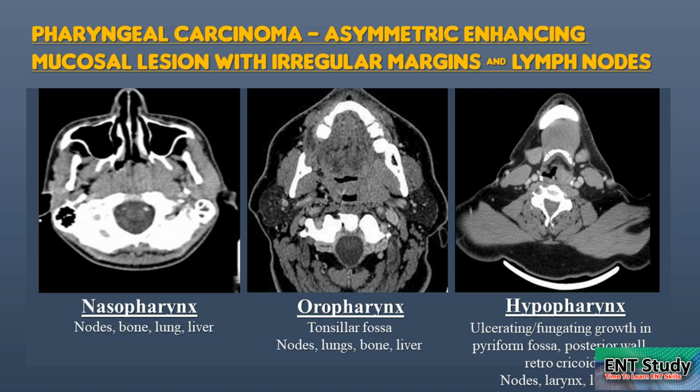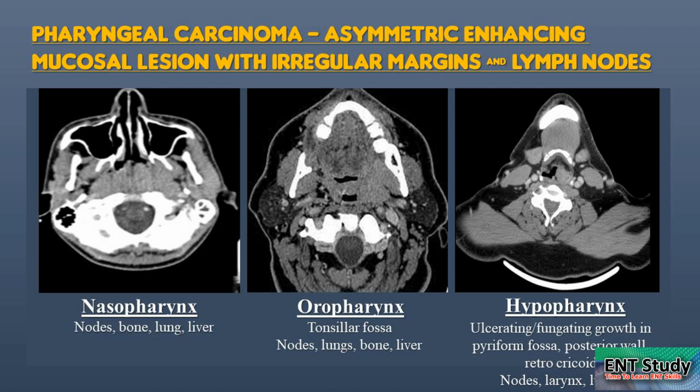Again, there is a very detailed staging classification. What you basically have to identify is that these are very vascular areas, and there are vessels nearby. It has a very good lymphatic drainage. The result is that with a nasopharyngeal CA, when it becomes manifest, 90% of them have enlarged lymph nodes.